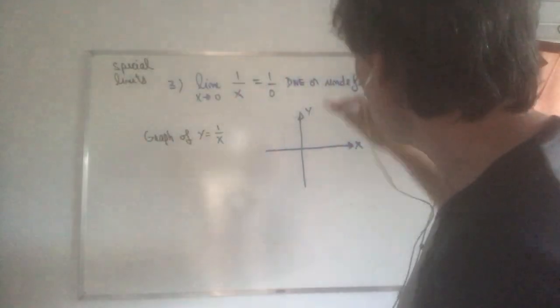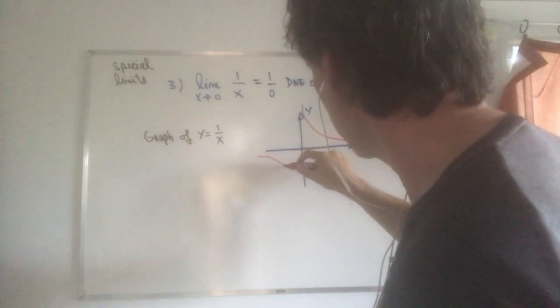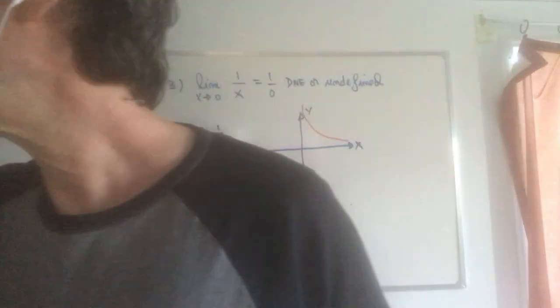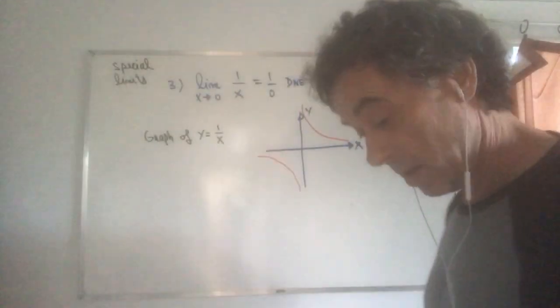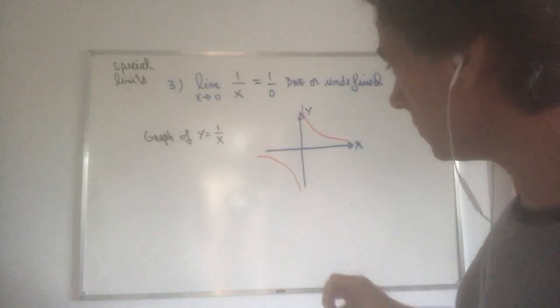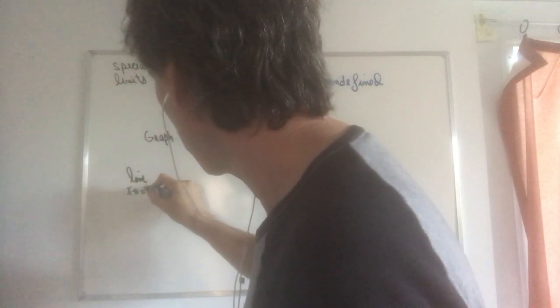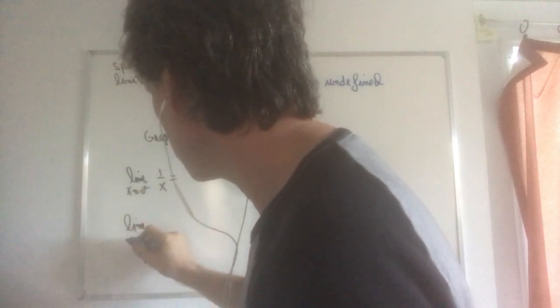So it goes like this, goes like that. Now, here's the lowdown. If I want to know what happens when I approach 0 on a graph like this, I would be well advised to take a look on the left and take a look on the right and see what I get.